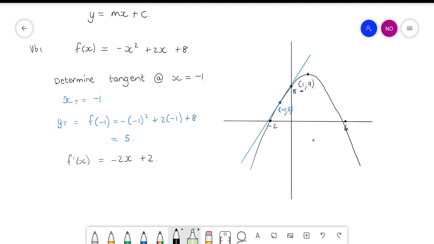And then I substitute -1 in there. Dan gaan daai mos die gradiënt van die raaklyn wees by die punt x is gelyk aan -1.